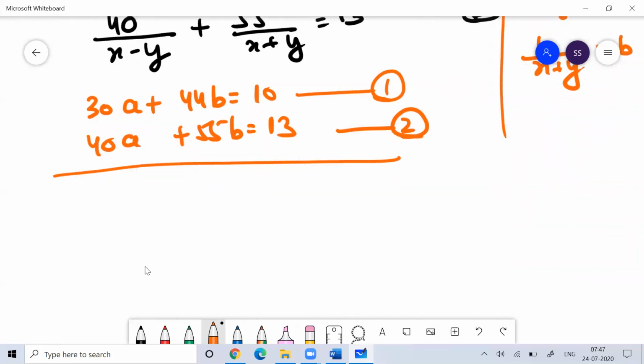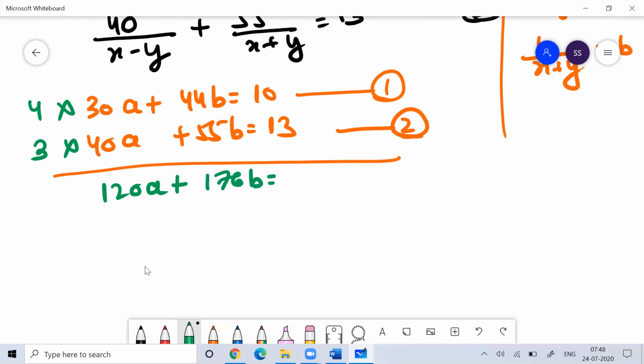So how to solve this equation? Multiply this with 4, multiply this with 3. So I'll get 120a plus 176b is equal to 40. Equation 1.